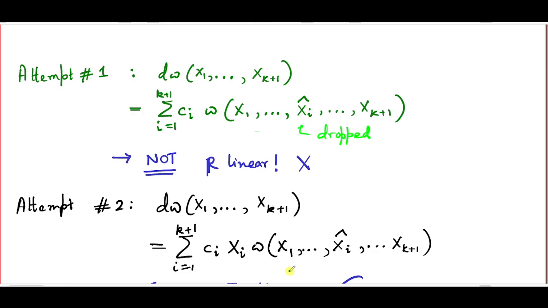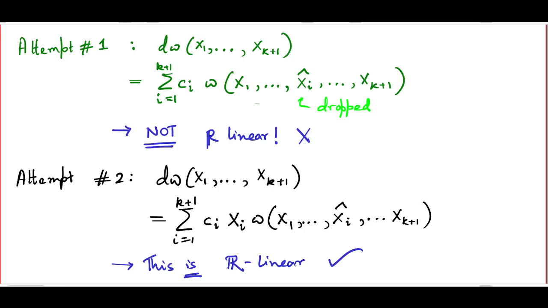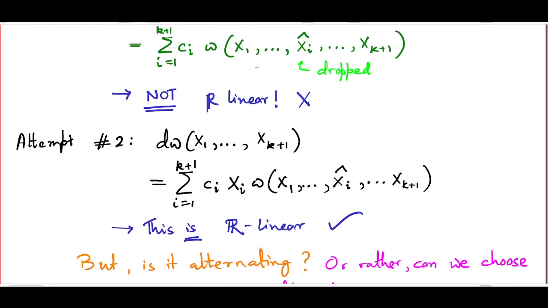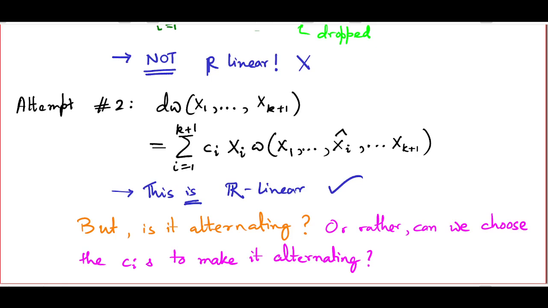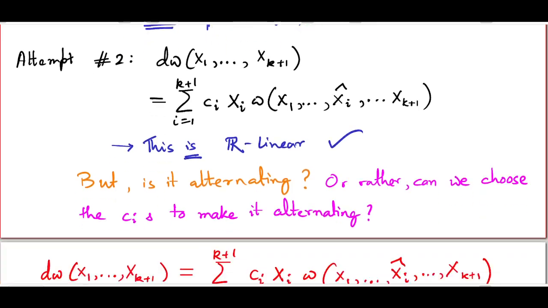And the very first term, the one which was actually causing us problems before, also has a factor of a coming from the x1 which is now sitting and acting on omega x2, x3 up to xk plus 1. So this is R linear, but is it alternating? Or rather, the question should be, can we choose the coefficients ci to make it alternating? We will see that indeed it can be done.